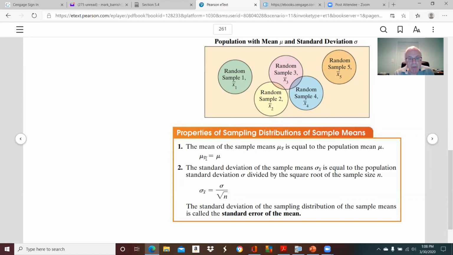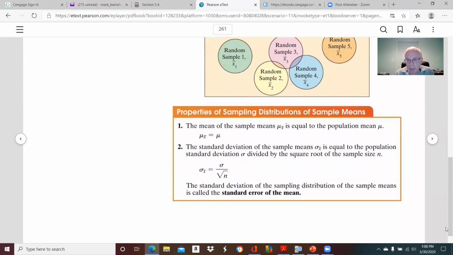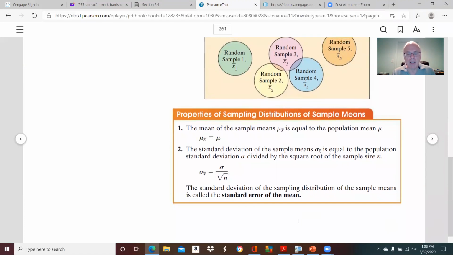The mean of the sample means is equal to the mean of the population. The standard deviation of the sample means is equal to the standard deviation of the population divided by the square root of the sample size. One thing that they talk about in the book here, which I do want to make mention to you, because we will mention this at a later date, is that this formula, the standard deviation of the sampling distribution of sample means, is called the standard error of the mean.